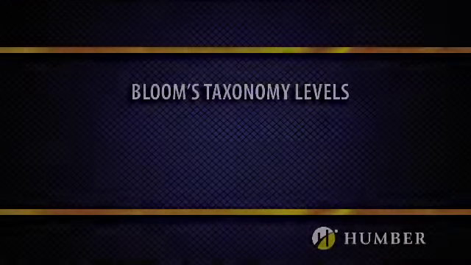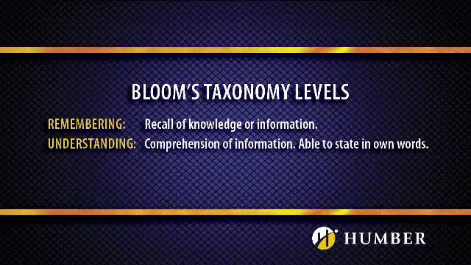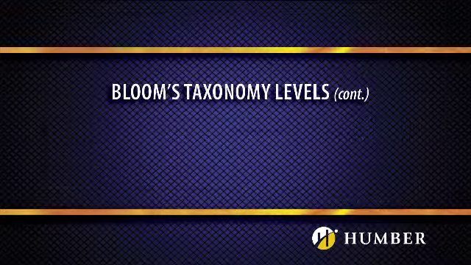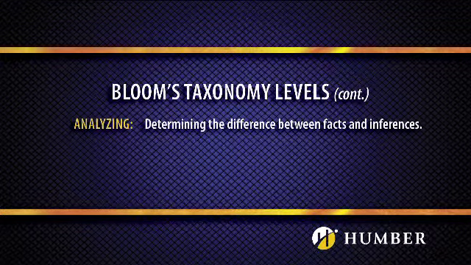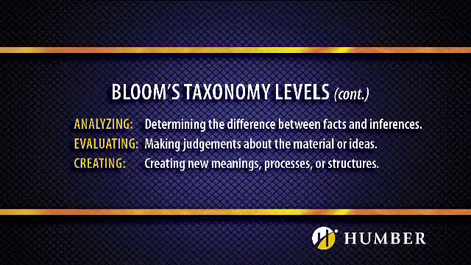The 6 levels of Bloom's taxonomy are: remembering, that's the recall of knowledge or information; understanding, comprehension of information and able to state it in their own words; applying, using information to apply to a new situation either in the lab setting or in real life; analyzing, determining the difference between facts and inferences; evaluating, making judgments about the material or ideas; and creating new meanings, processes, or structures.